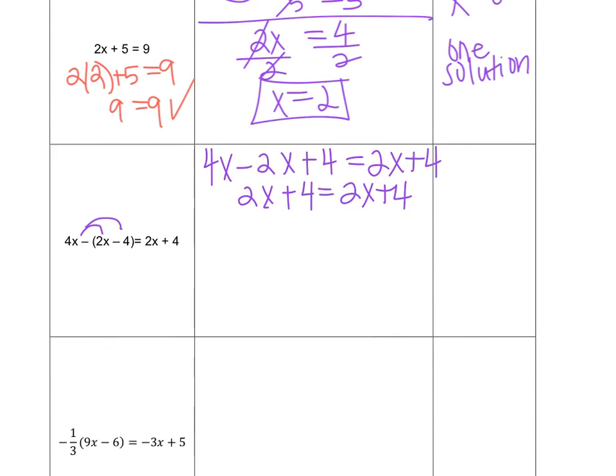And then we need to get all of our x's on the same side. So I'm going to subtract 2x from each side. Well, what happens is I've got 2x minus 2x, which is 0. So I'd be left with 4 equals, and then again I've got 2x minus 2x, which is just 0. So my variable gets eliminated.